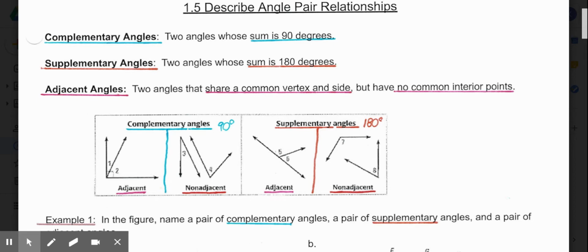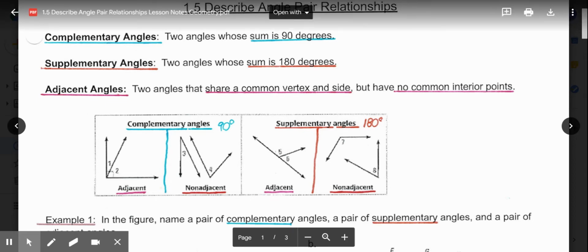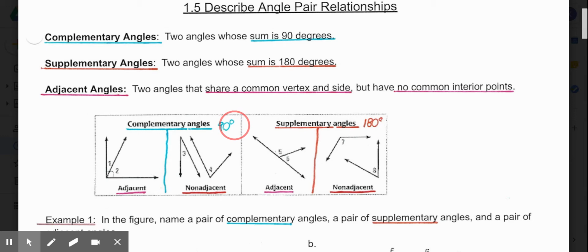So in order to be adjacent, they have to share a vertex. The vertex is the point where the angle begins, where the two rays begin, share the endpoint, and a side. But they cannot have common interior points. So some examples. Complementary angles, the ones that add to be 90 degrees.